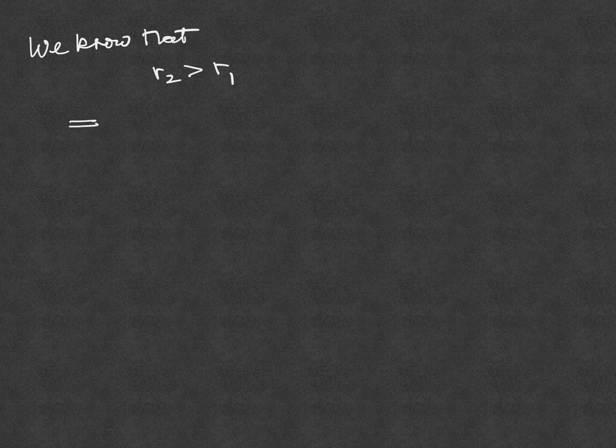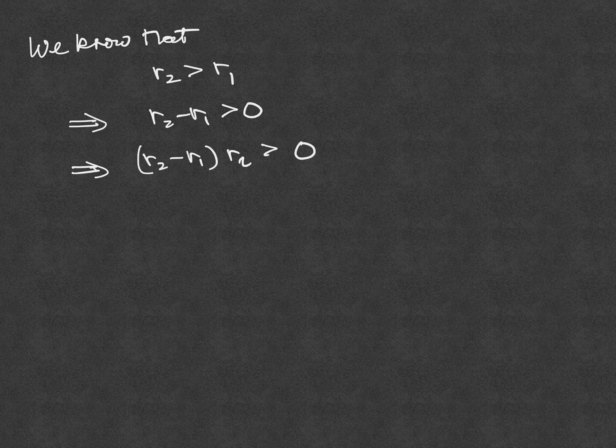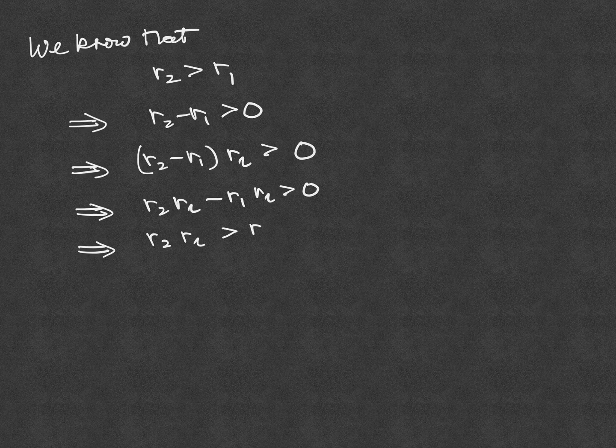So therefore, R2 minus R1 is bigger than 0, which further implies that R2 minus R1 times Ri is bigger than 0, because Ri is a positive number, which then implies that R2 times Ri minus R1 times Ri is bigger than 0, which then gives us that R2 Ri is bigger than R1 times Ri. So then, multiplying both sides by 2 gives 2R2 Ri is bigger than 2R1 Ri.